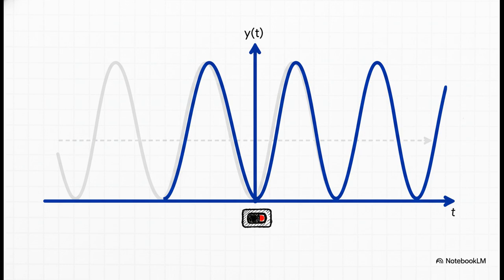It perfectly shows the power of multiplication. For all negative time, the sinusoid gets multiplied by 0, so the output is just 0. But the second we hit t equals 0, the step function flips to 1. Now the sinusoid is being multiplied by 1, which means it suddenly turns on. That step function basically acts like a perfect light switch.